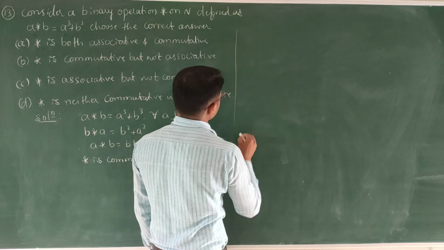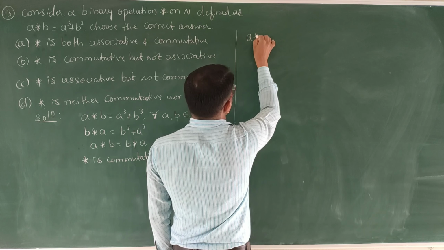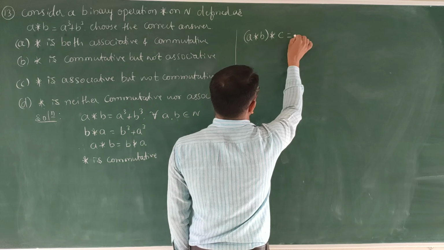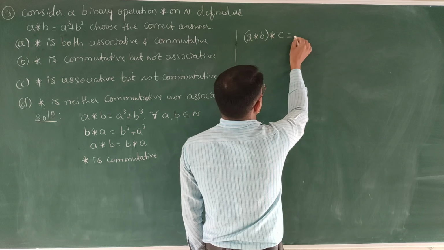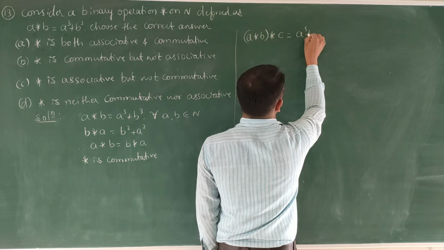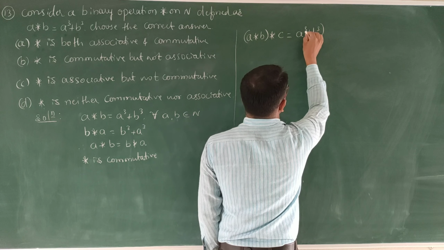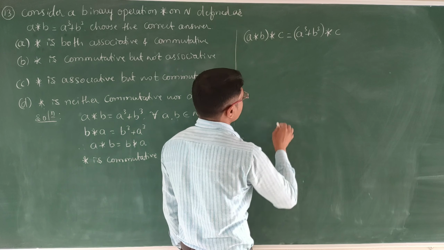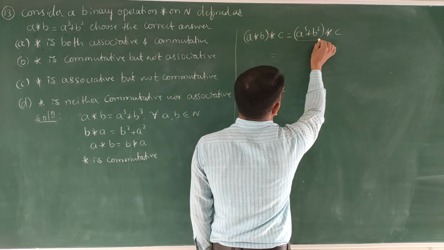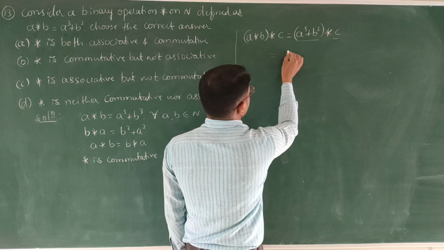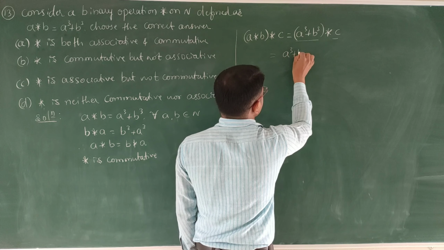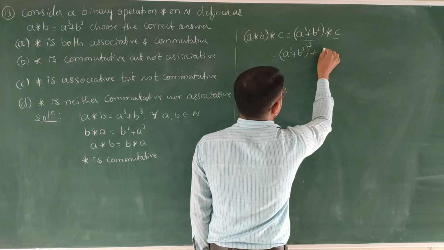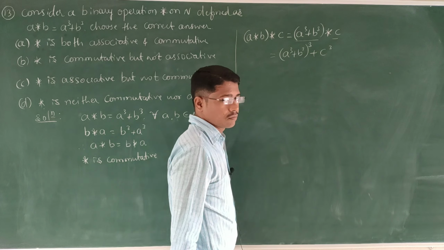A star B star C is equal to (A star B) star C, that is (A cube plus B cube) star C. This is one element and this is the second element: (A cube plus B cube) whole cube plus C cube.